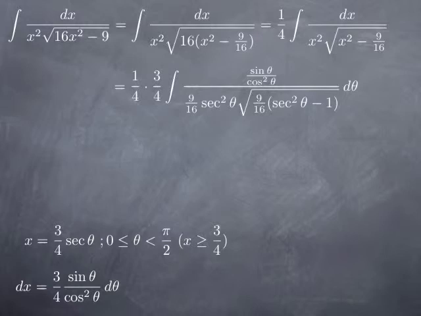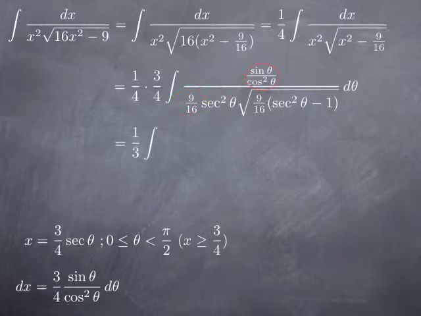And then root of x squared minus 9/16, which is 9/16 of secant squared theta minus 9/16, and I can factor out my 9/16. So this 1/4 of 3/4 is 3/16, divided by 9/16, so I get 3/9, which is just 1/3.